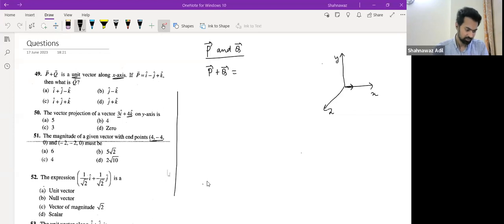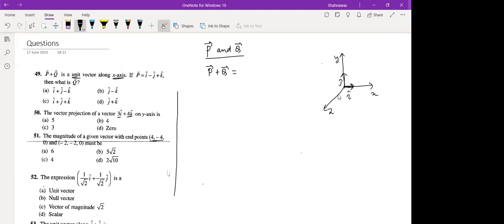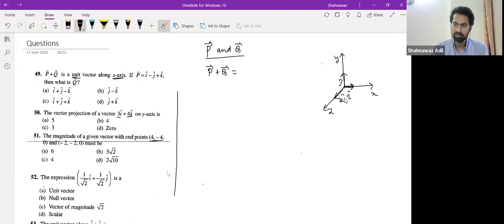Okay, so I cap is the unit vector along the x axis. Along the y axis, what is the unit vector? J cap. And along z we have K cap. Right.